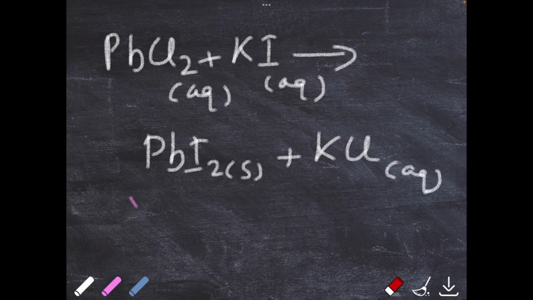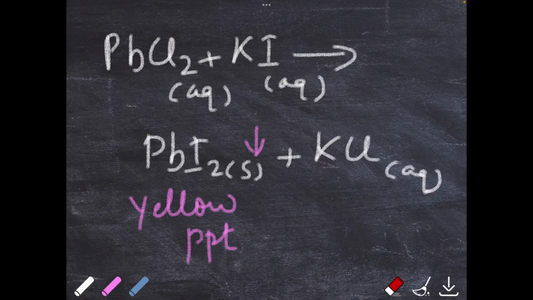This is a yellow colored precipitate, and all three precipitation reactions that I've told you are very important, and we put a downward pointing arrow here. So if a precipitate is formed, that means a chemical reaction has taken place. So that was one point.